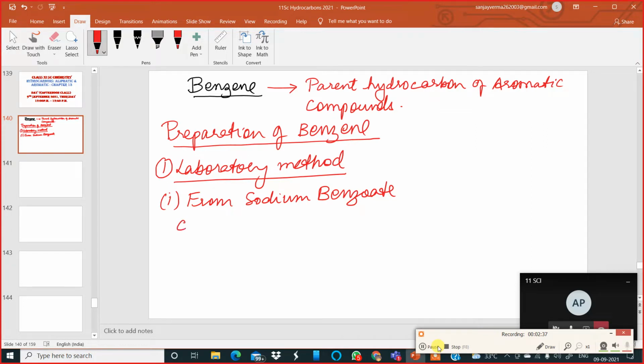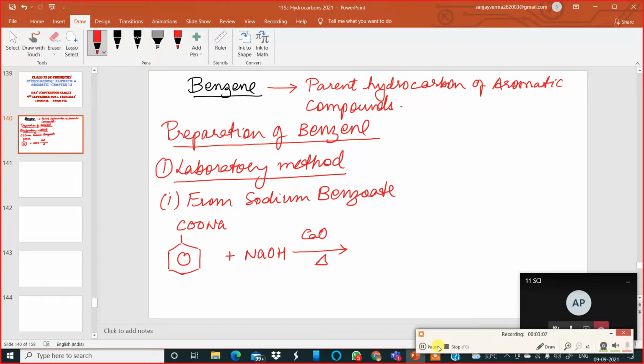Sodium benzoate is reacted with soda lime, that is a mixture of sodium hydroxide and calcium oxide, and the reaction mixture is heated.